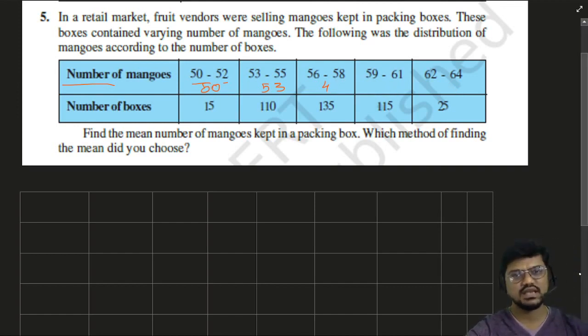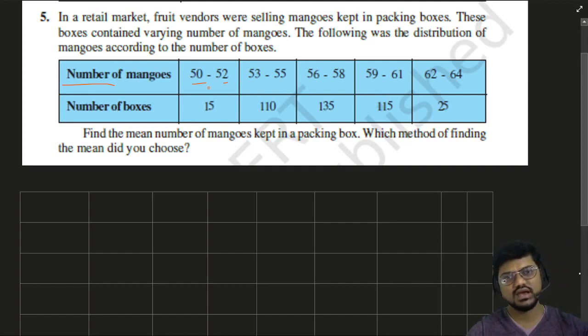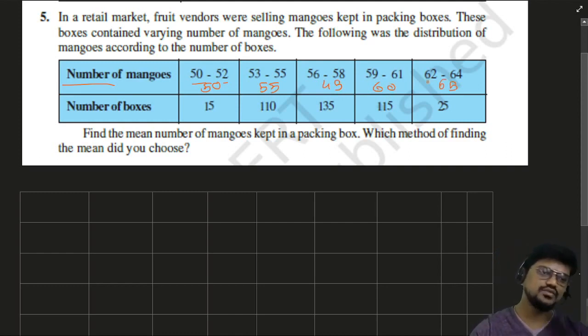So always you take the number of counts, which we start from 1, 2, 3, as the frequency. See, if they have written 50, 55, 45, 60 and 65, how do you decide which one will be the frequency?